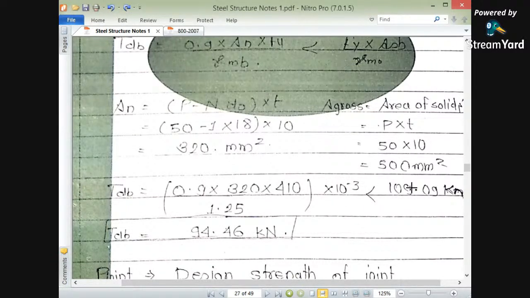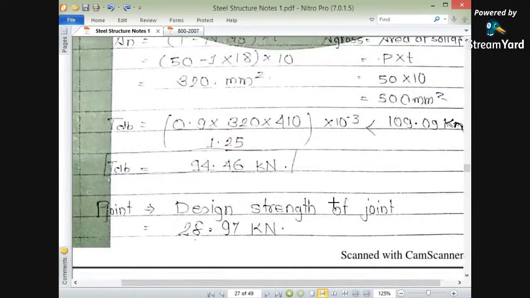Again fy here we have taken as 400, Asb again has been given in the question, and gamma m0 is 1.25. So it comes to be 109. It should be less than this 109, so the value of 94 is less than 109. That means it is correct. So here the tensile strength of bolt is 94.